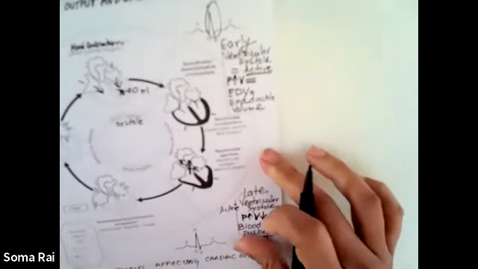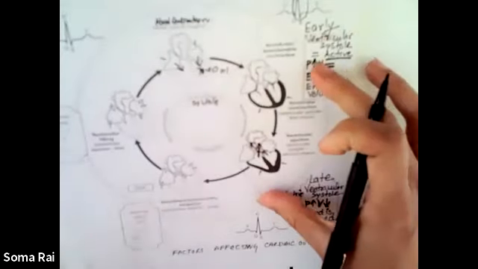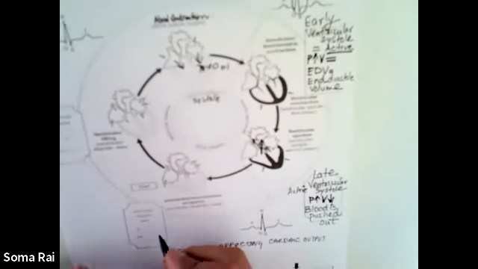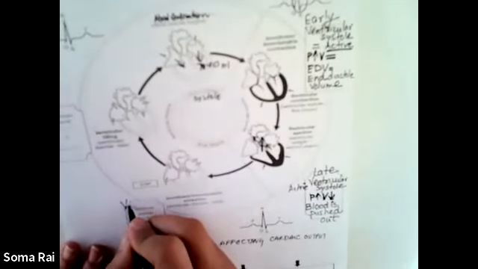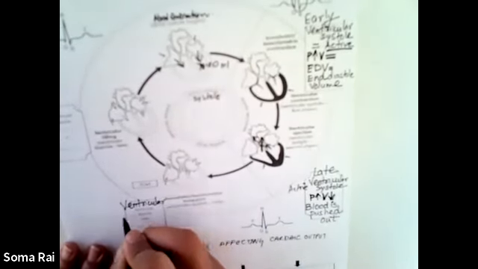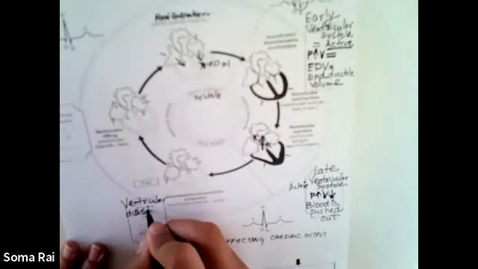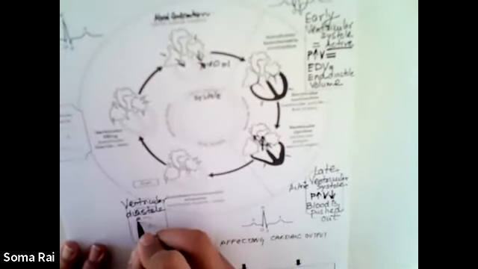Okay. All right. So this was all about the ventricle. So ventricular contraction is now done. Now the ventricle is going into a relaxation stage, right? So it is early ventricular diastole.